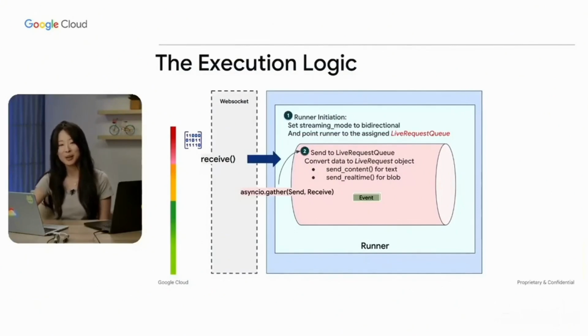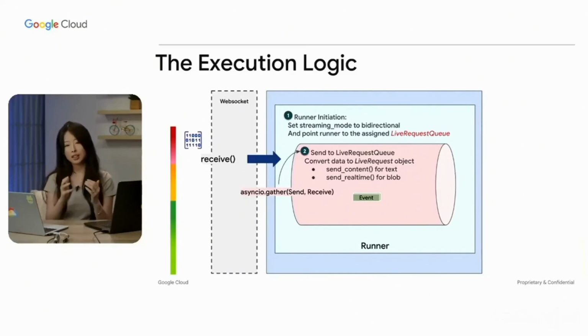On the other side, the runner pulls from the queue and sends the request to Gemini Live, and the response comes back as an event. The key is that sending and receiving happen concurrently. The upstream never waits for the downstream, and the downstream never waits for the upstream.